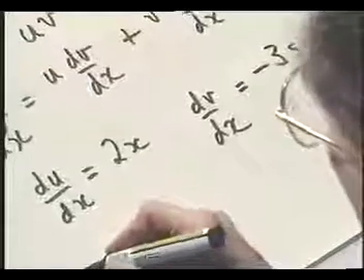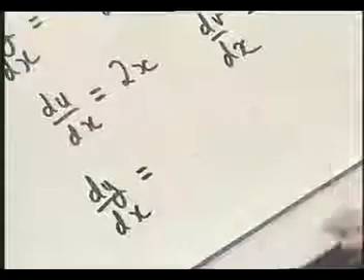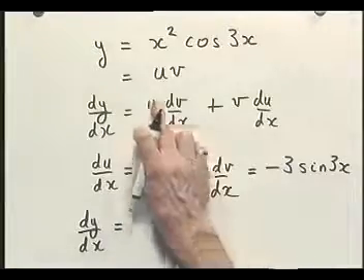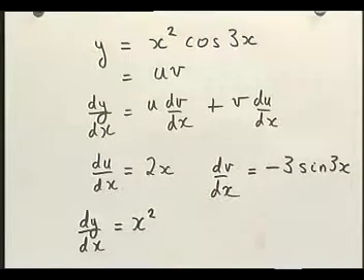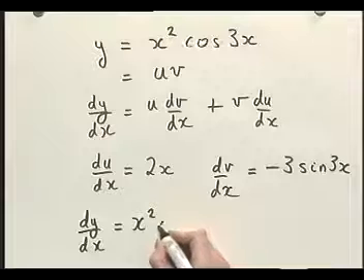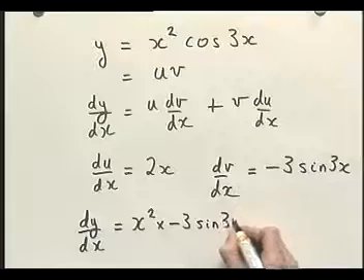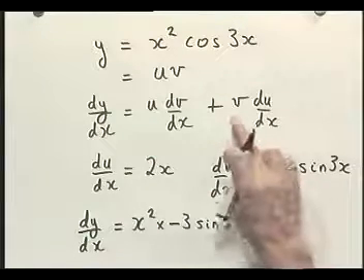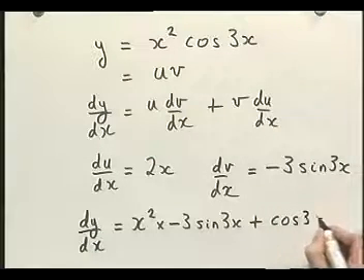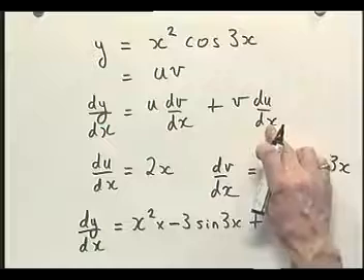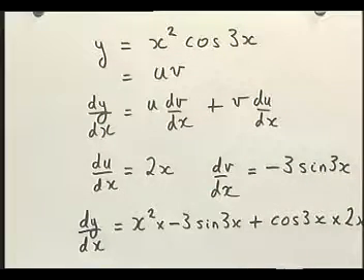So let's do that. dy by dx is equal to u, that's x squared, times dv by dx, so it's times minus 3 sine 3x, plus v, that's cos 3x, times du by dx, that's 2x.